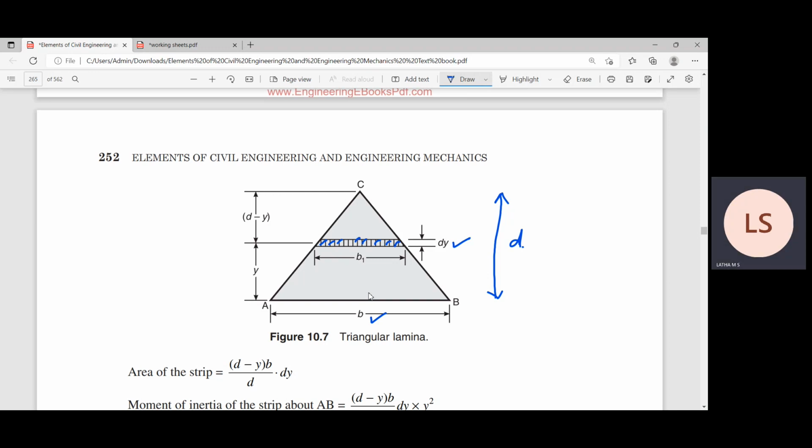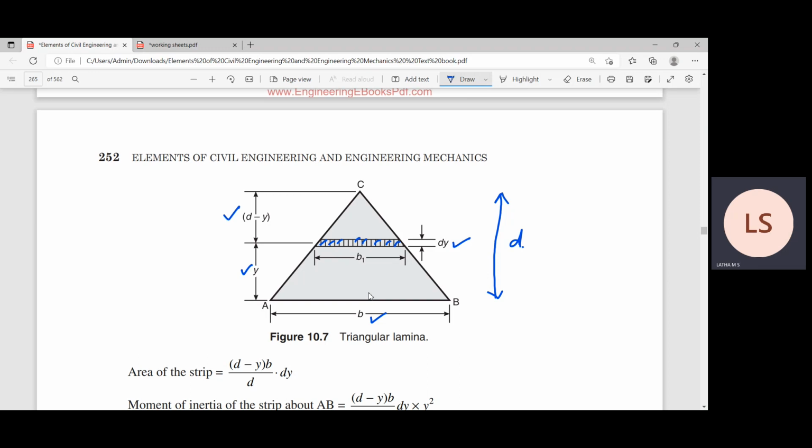This strip is at a distance of y from the lower surface AB, and the remaining distance will be d minus y, because the total height of the lamina is d. D minus y is the remaining height of the triangle.